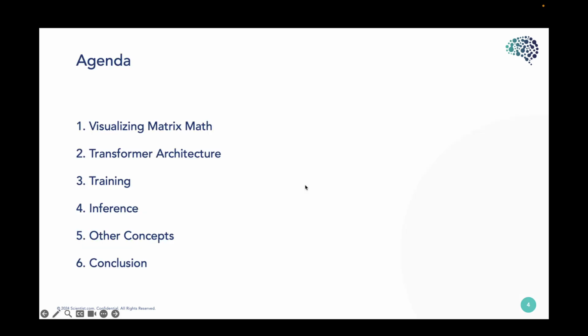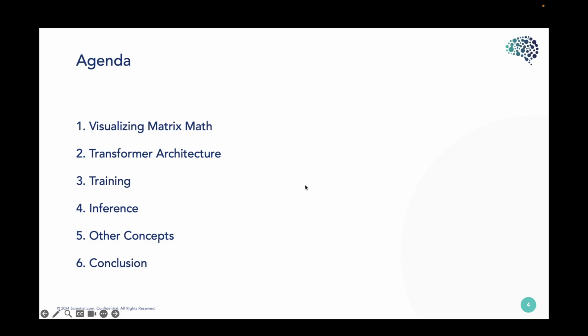So here's what we're going to talk about today. First, we're going to take a quick crash course in computer graphics programming. We're going to learn how computer graphics programmers use matrices and matrix multiplication to move vectors around on the screen. And we're going to do that because I hope it's going to help us visualize what's happening inside of the transformers.